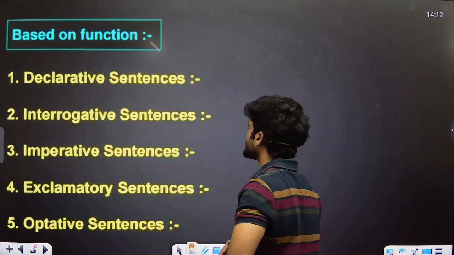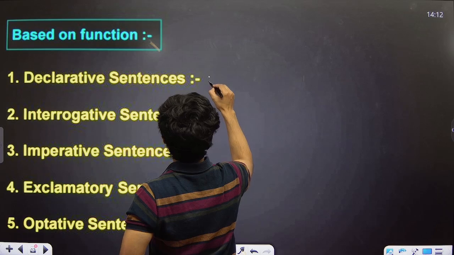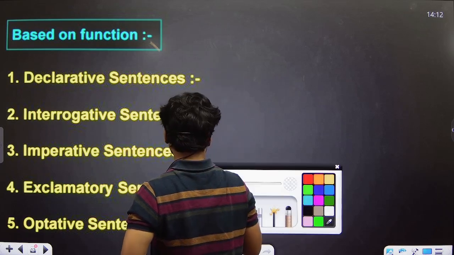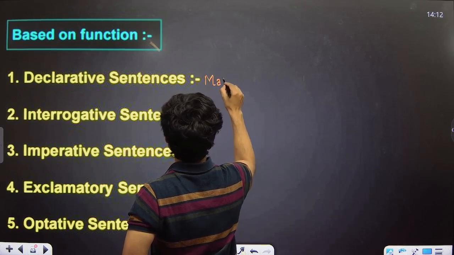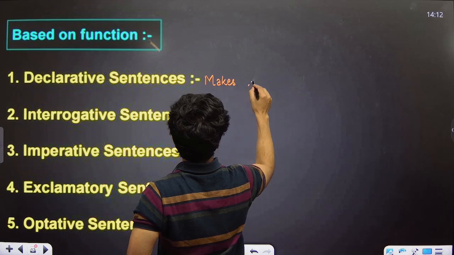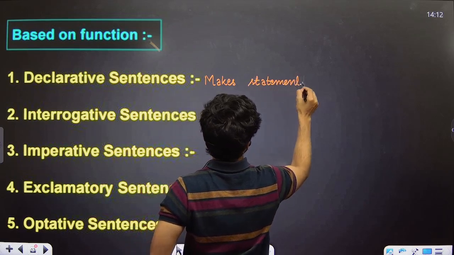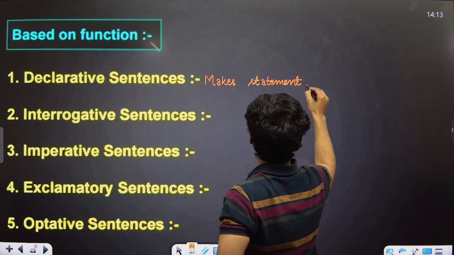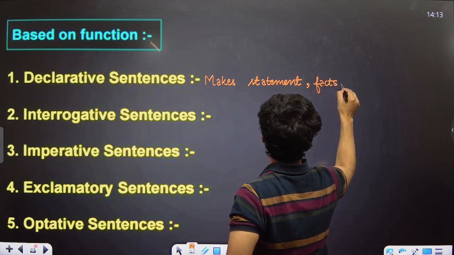Narration. Declarative sentence, what happens? Makes a statement, or any facts will be given to you.